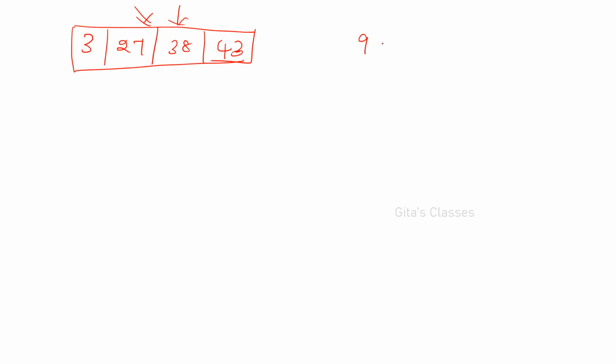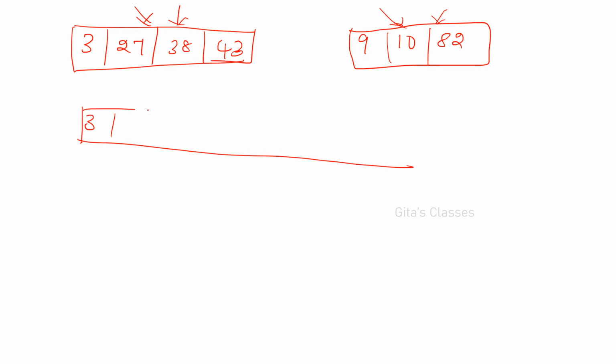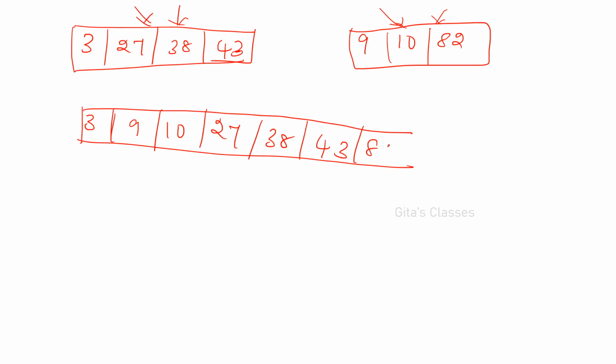Then again in the next part, 9, 10 and 82. Now again you have to combine these two by arranging. So you will be getting 3, 9, 10, 27, 38, 43, then 82.